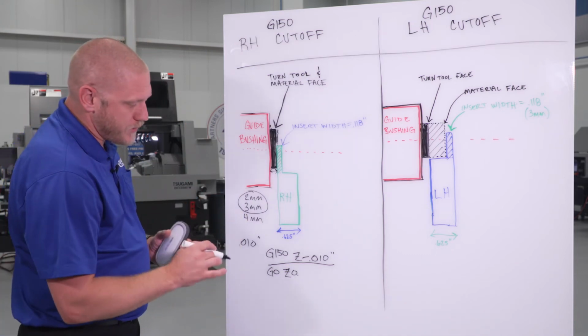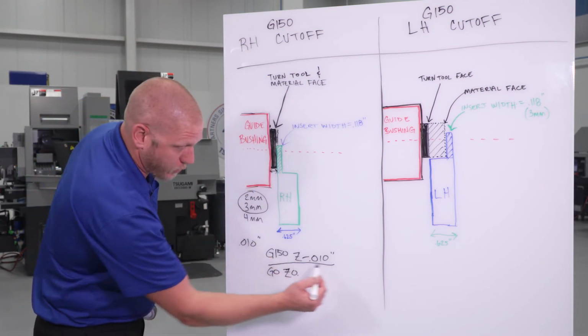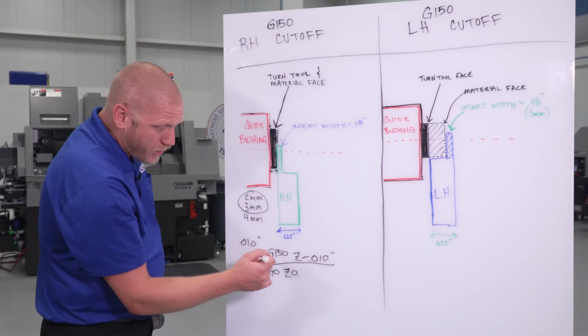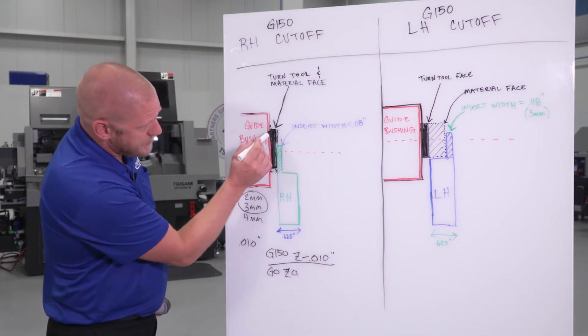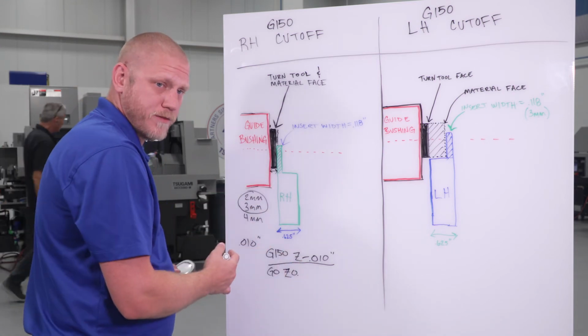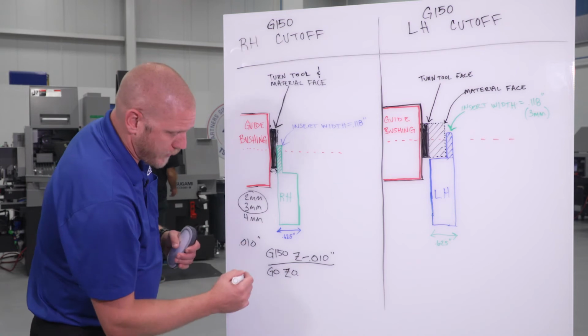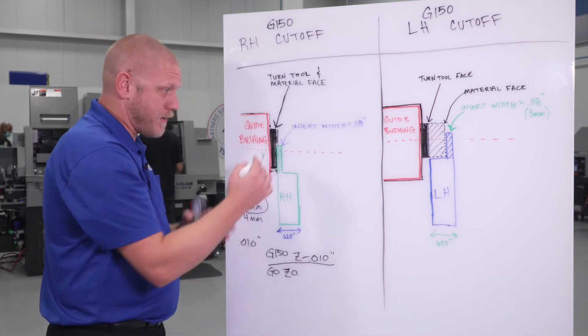What a lot of people run into is if this facing value is not calculated correctly, you're not facing off enough material. Typically what happens is this ends up being short, you don't face anything off, and all your dimensions become short. Well, what some people try to do is offset each individual tool by the amount that it's off.